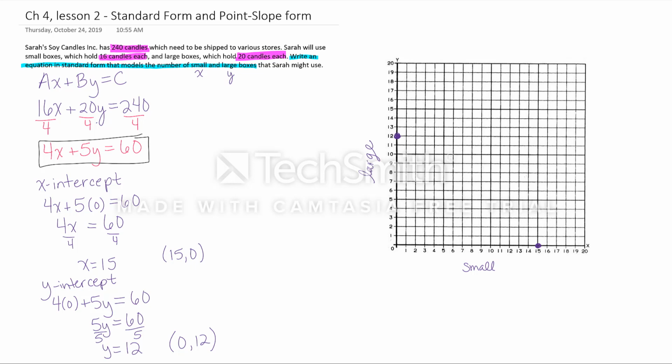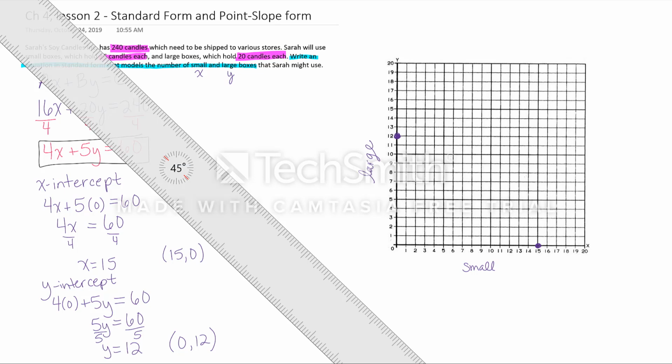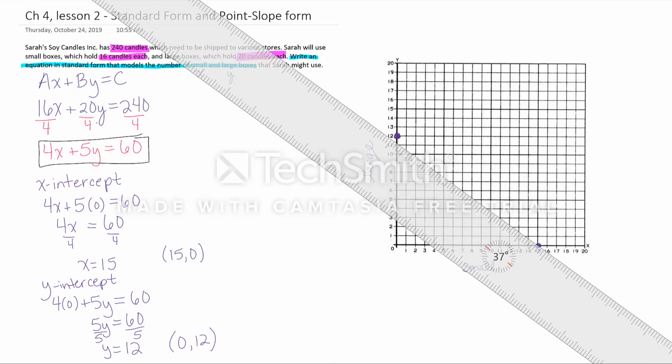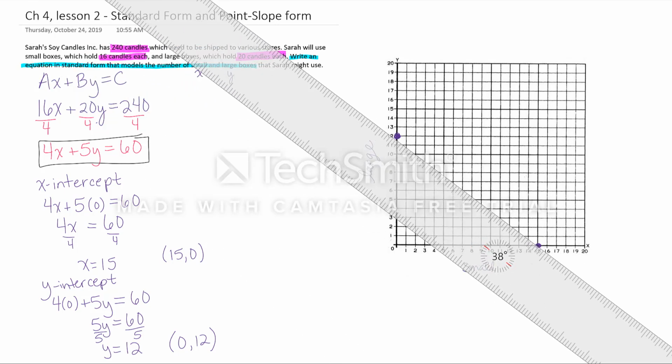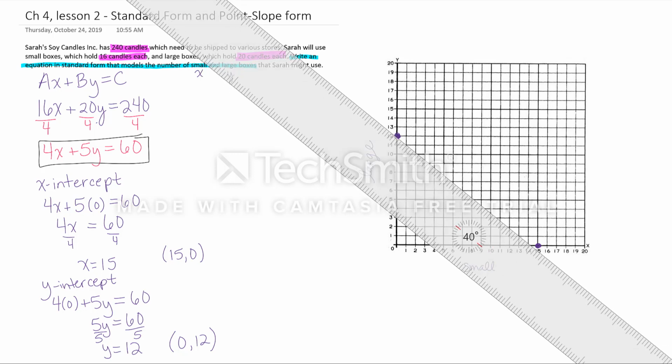And so what we're going to do to represent them all is connect these two intercepts into a straight line to represent that linear relationship between them. So I'll go ahead and get my ruler out and just connect my intercepts to create my line.